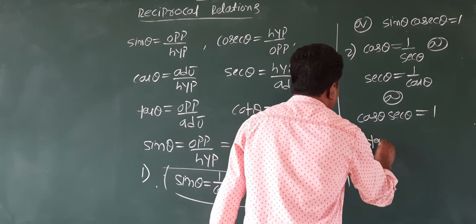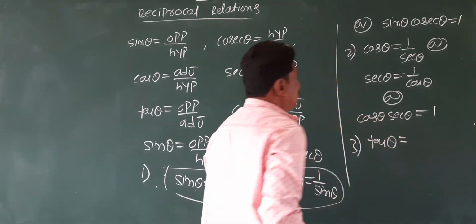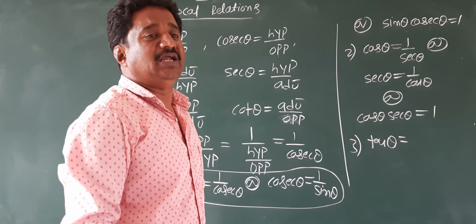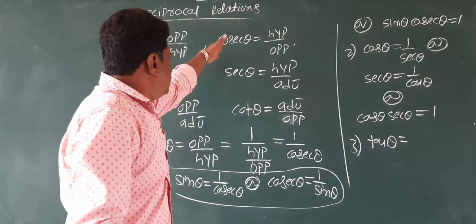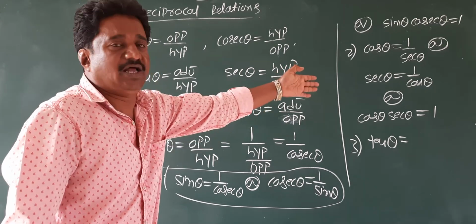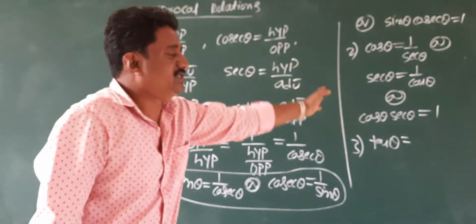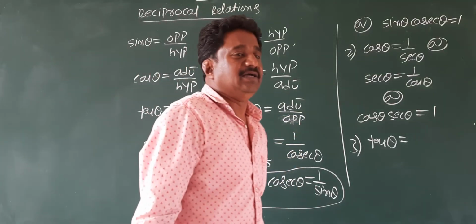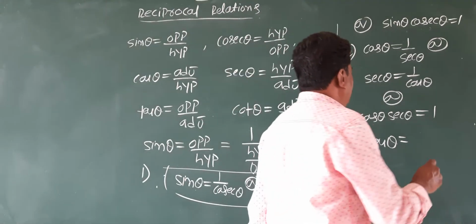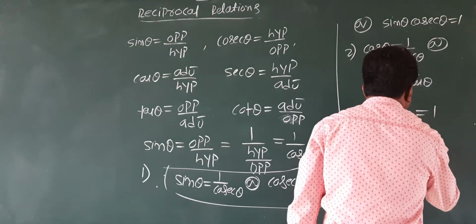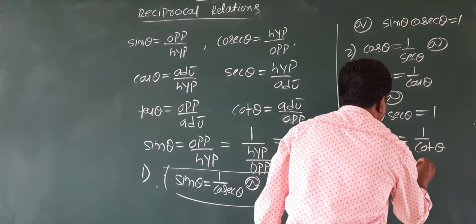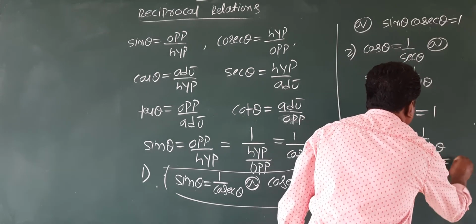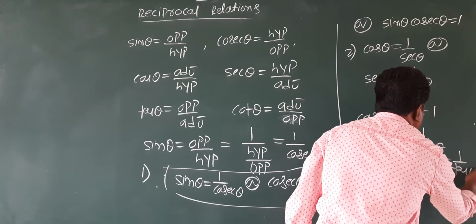Third one, tan theta. What is tan theta? 1 by cot theta. You find these things on your own. Tan theta can be written as 1 by cot theta, or cot theta equals 1 by tan theta.